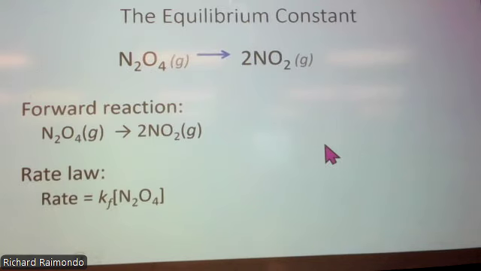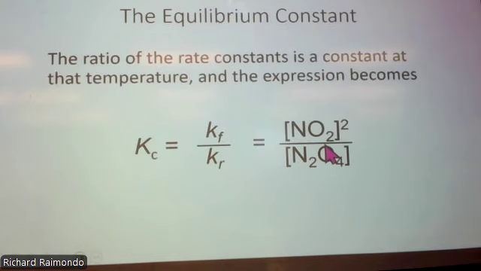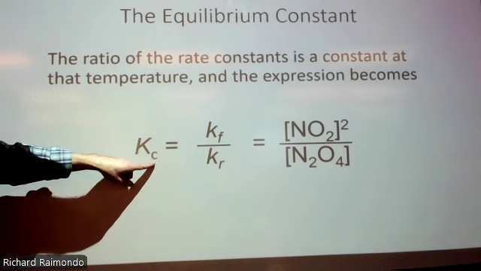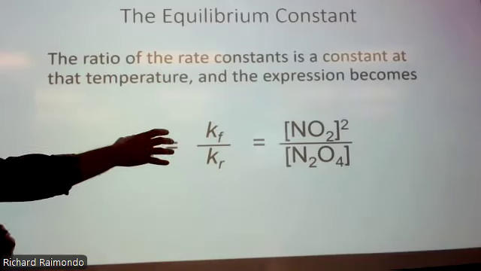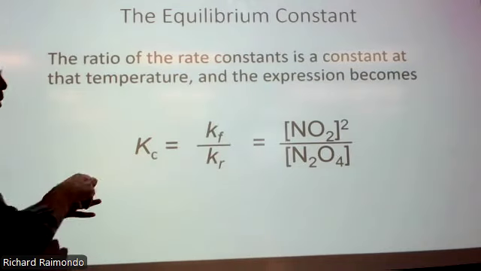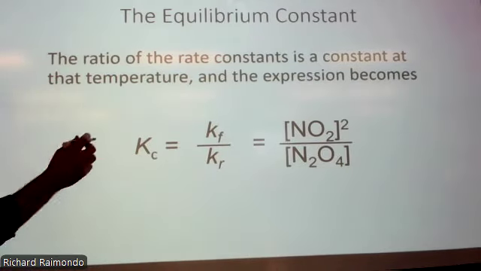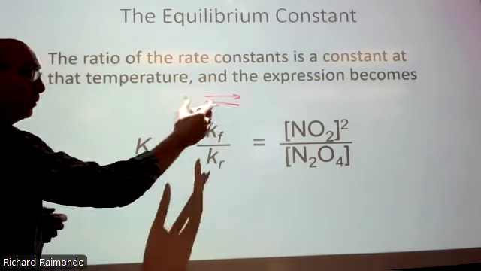All right. Let me just take it back to the point where we ended last time, where we talked about K sub C, which is the equilibrium constant based on concentration. That's what the little c is for, right? It is really just a ratio of rate laws for this reversible reaction. So we have a reaction going forward and a reaction going in reverse.